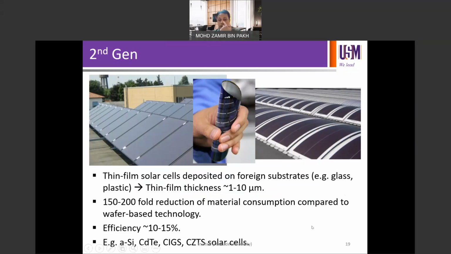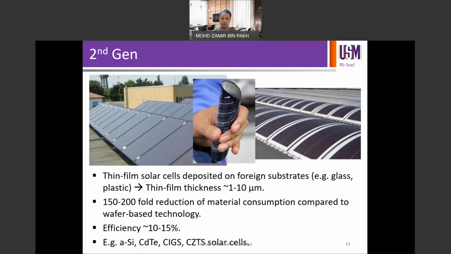So second generation technology now. Second generation is thin film solar cells, usually deposited on foreign substrates, because if you reduce the material that you want to use for the PV conversion, the material will get more and more brittle. Just imagine if you reduce your wafer thickness from 170 micron just now to only about 1 to 10 microns.